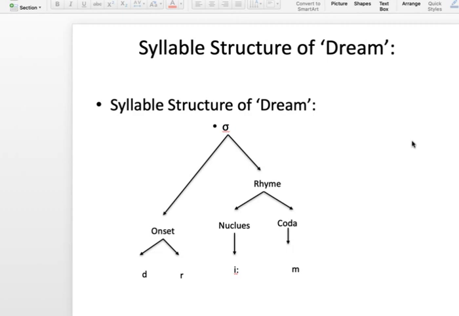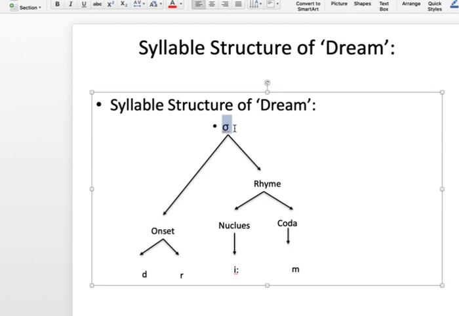Now let's see the syllable structure of dream. Okay, what is there? Dream. Now we are dealing with more than one consonant sound, either at coda or at onset position. So dream has one syllable, this particular symbol is for syllable. So this syllable dream is monosyllabic, only one syllable is there.